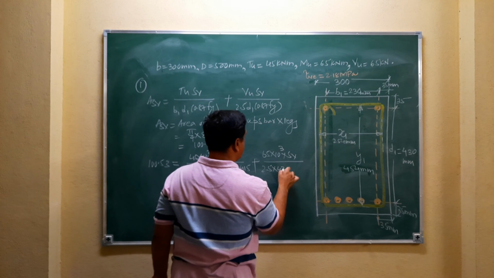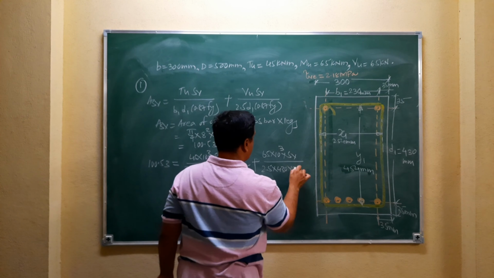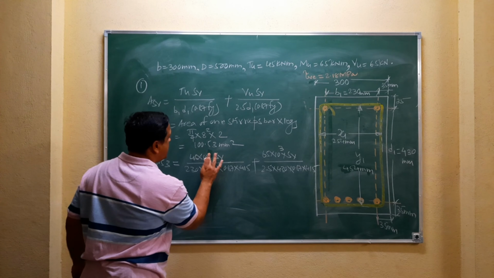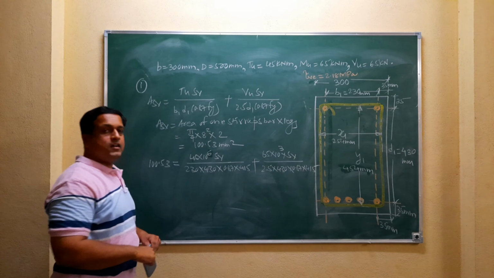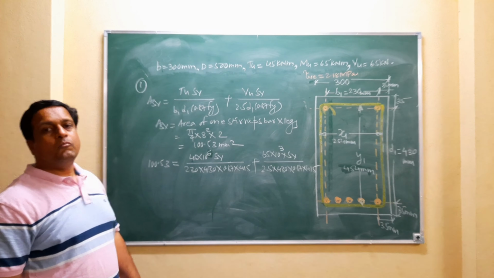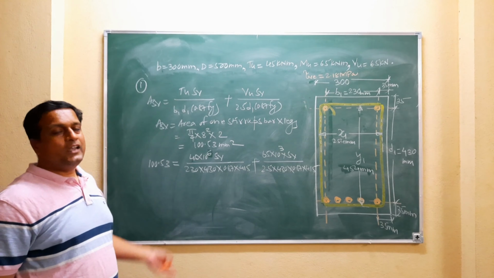D1 is 430 into 0.87 Fy is 415. There is one mistake. The TU is 45 kilonewton meter, so you have to multiply by 10 raised to 6 for conversion of that moment into Newton mm, and for conversion of this force into Newton you have to multiply by 10 raised to 3.